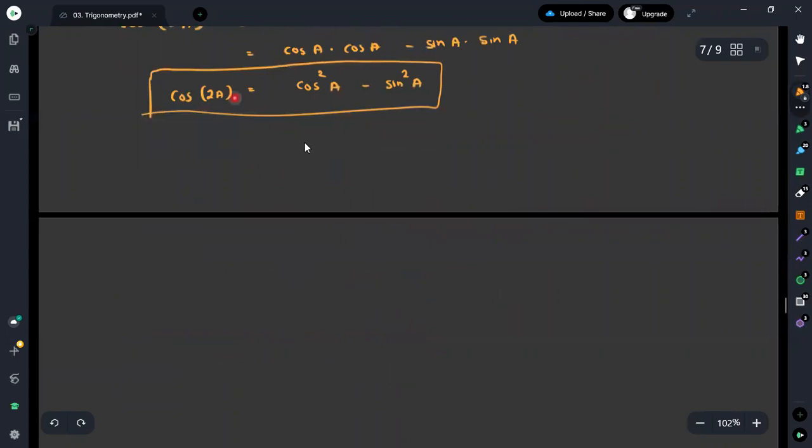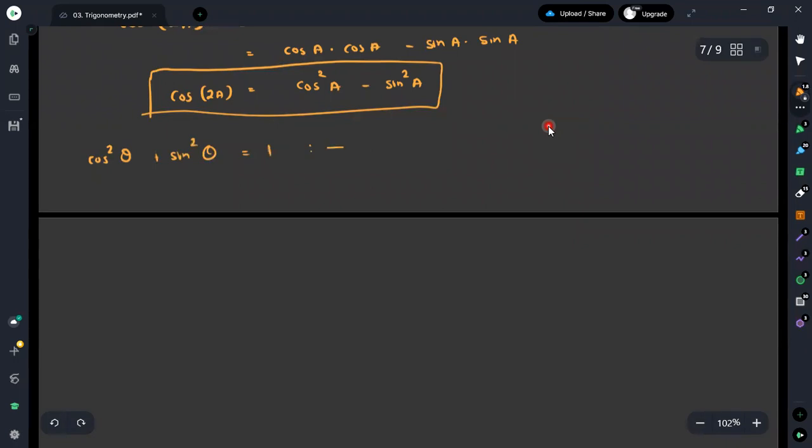Then, if you need, we can find some alternative forms of this cosine 2A. The next way: using this equation, you know that cosine squared A plus sine squared A, or using the theta angle, cosine squared theta plus sine squared theta, is equal to 1.